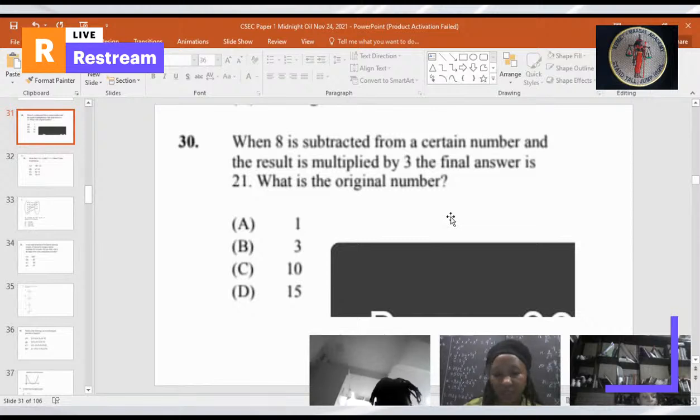Miss, 8 is subtracted from a number, so that's x minus 8. We bracket that and multiply the whole thing by 3 to get 21. Yes, x minus 8 in brackets, and 3 in front.